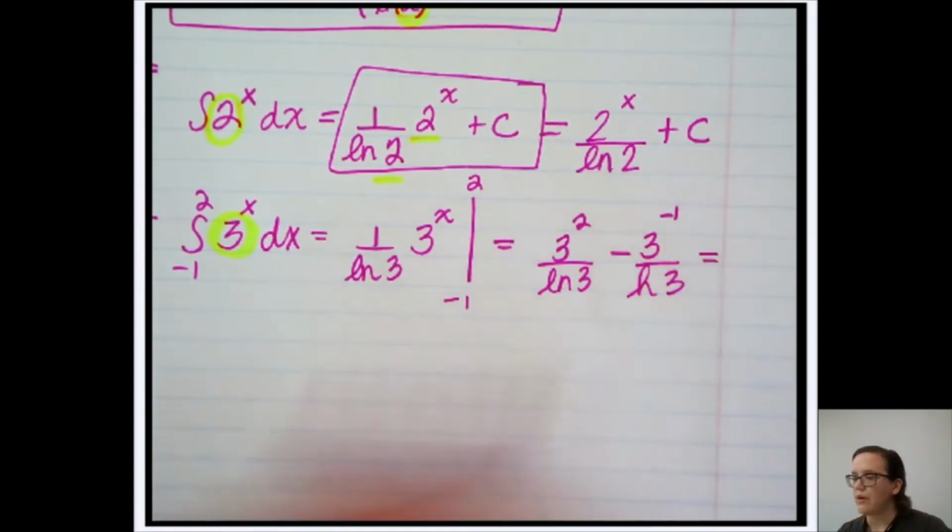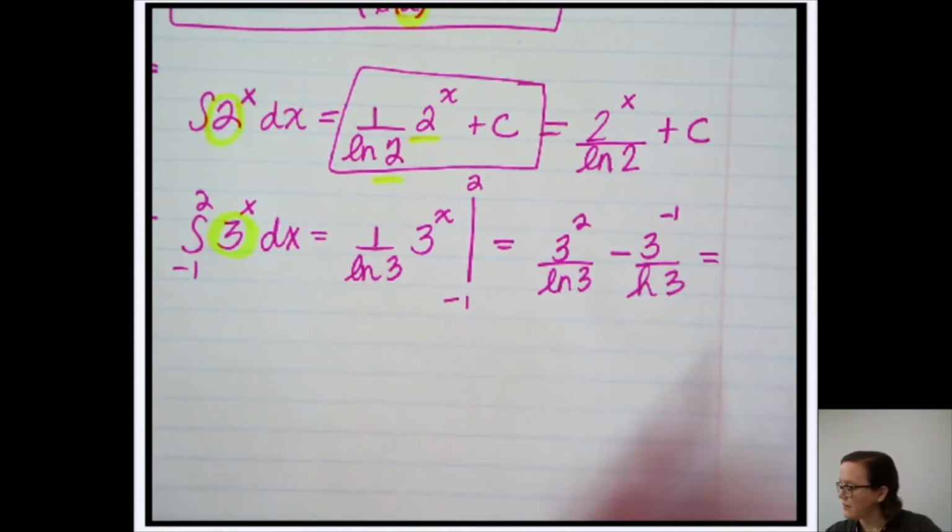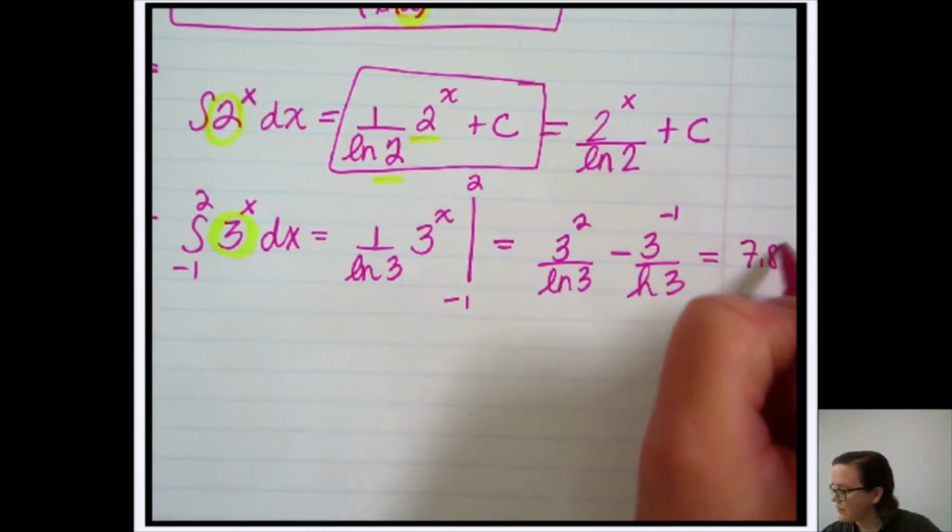But if we wanted to find that in our calculator, we would have 3 squared divided by the natural log of 3 minus 3 to the -1st divided by the natural log of 3, and we end up with approximately 7.89.